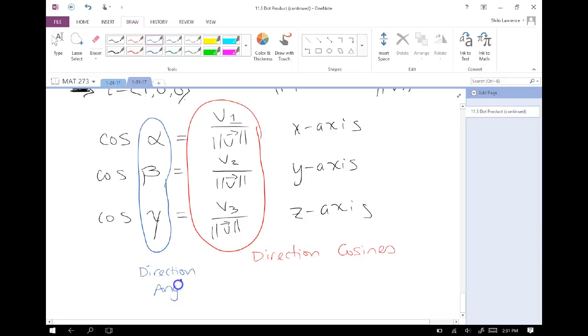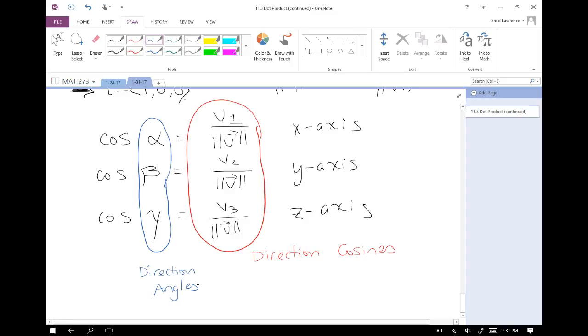And to solve for them, we would just do cosine inverse. So there's direction cosines, which is the cosine value. It's the components from our unit vector. But if we actually wanted to solve for the size of that angle, we would then do cosine inverse on it to solve for the alpha, beta, gamma.